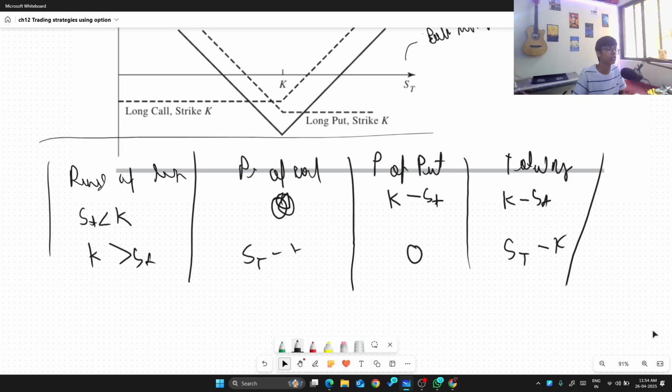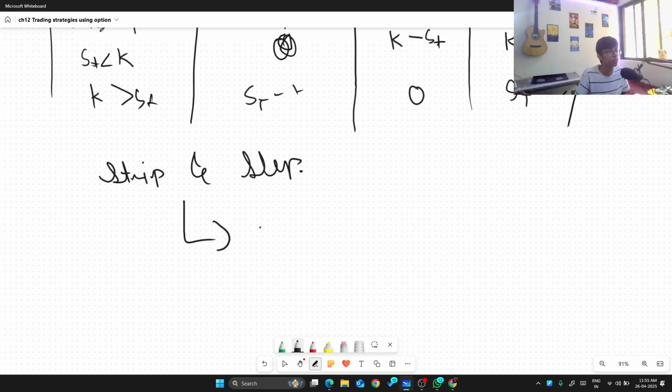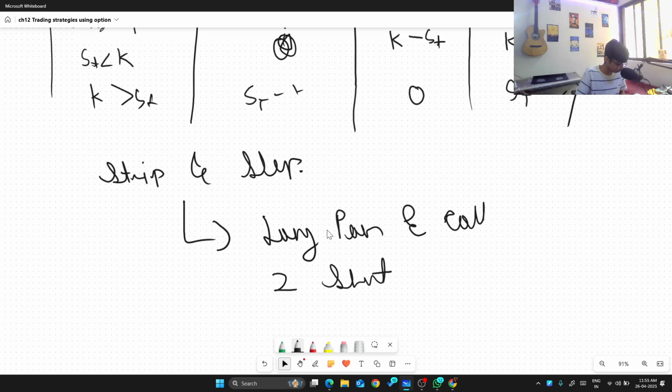Another topic is strip and strap. A strip is a spread where we have a long position in one European call and two in put.